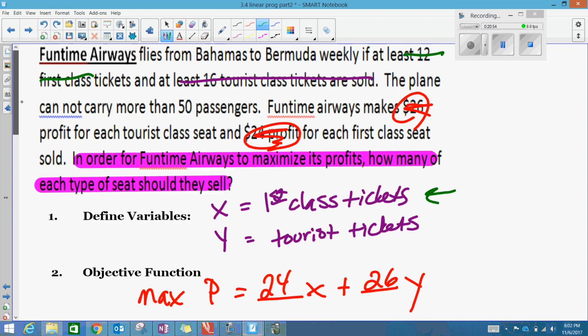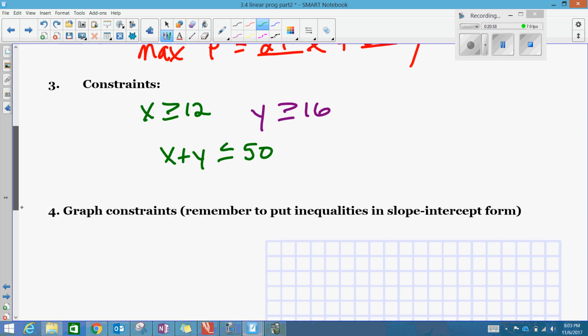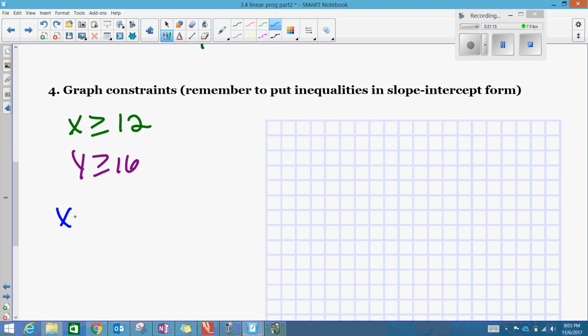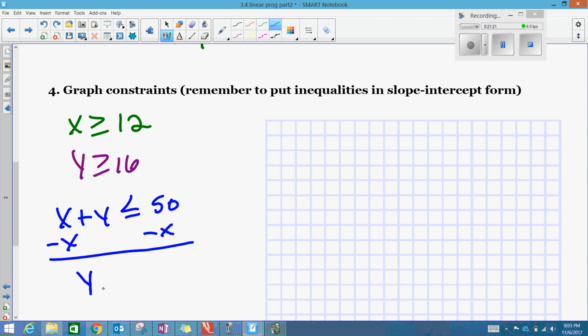So now we've taken care of all of the numbers given to us. Now this one actually turns out okay. We need to look at our scale here. We've got X greater than or equal to 12, Y greater than or equal to 16, and X plus Y less than or equal to 50. If we put that in mx plus b, we get Y less than or equal to negative X plus 50.